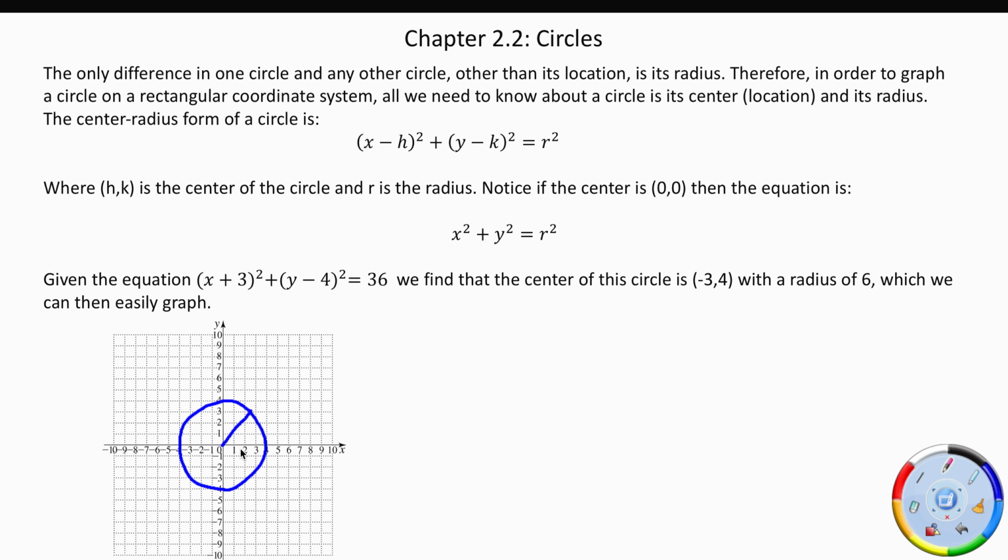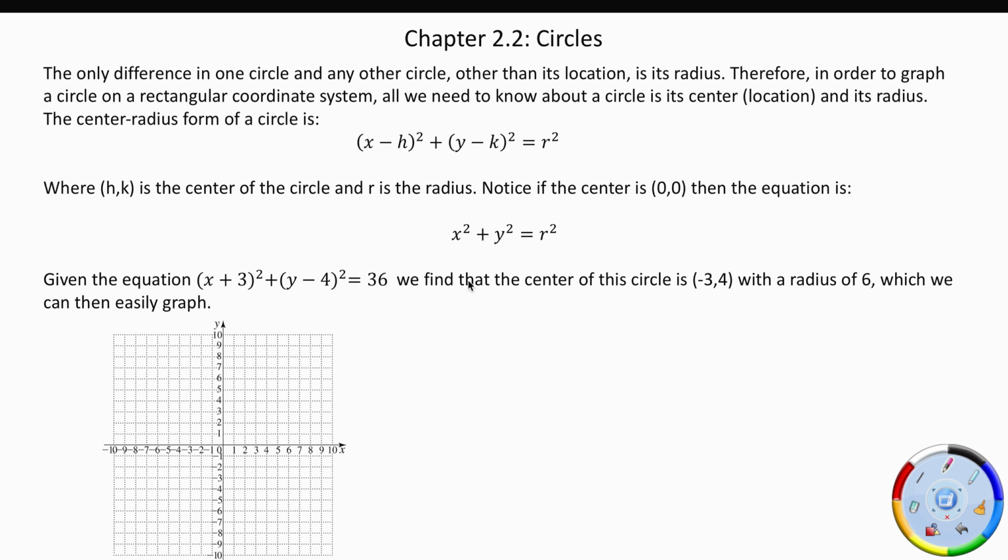Notice that on a coordinate system, I can fill in a right triangle using that radius, where this is the distance between my x values, and this is the distance between my y values. Notice it makes a right triangle.